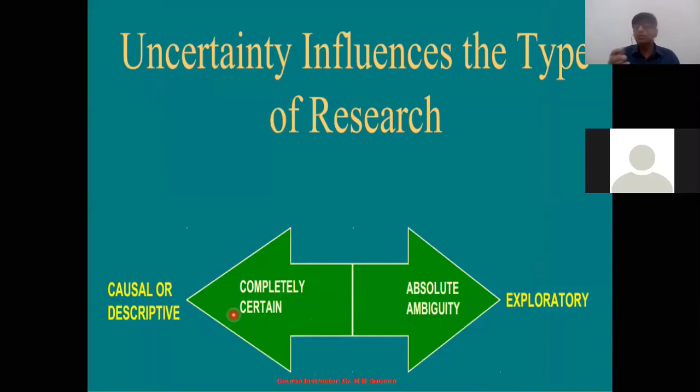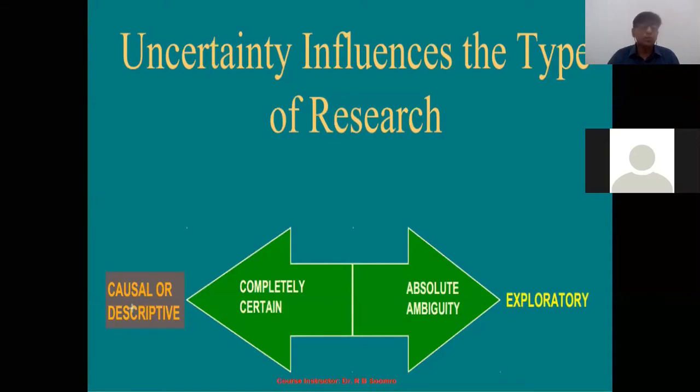I gave you the example of the bank manager of a microfinance bank, who thinks that people are not depositing the amount which they have borrowed from us. When the manager is sure, okay, these are the 5 or 6 reasons, then in this situation I think causal or descriptive research is enough. You can go for this one if you are sure of the reasons.